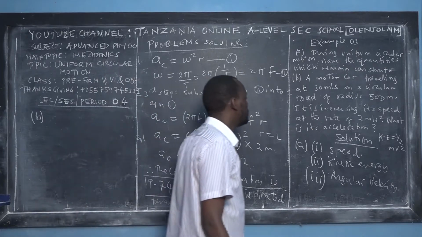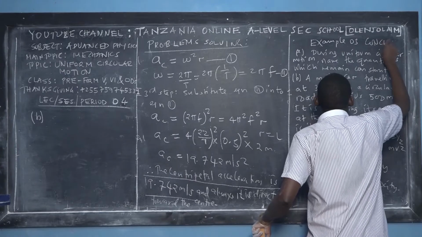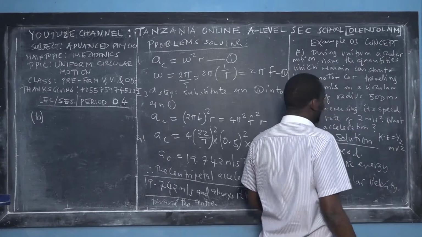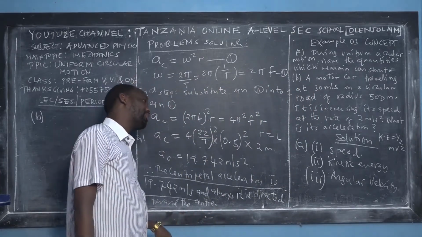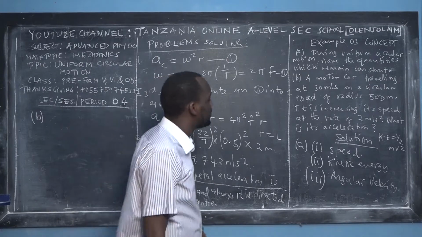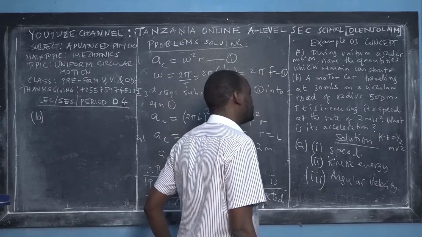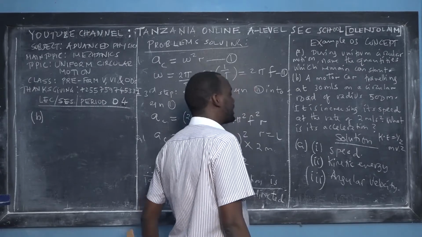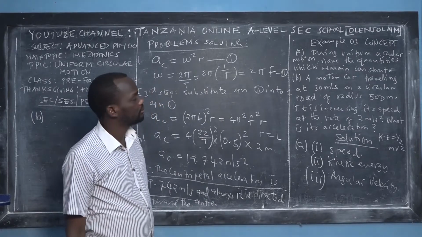This is a little bit conceptual question because the question has already given you acceleration, and then it is asking you acceleration. Let me repeat the question. A motor car traveling at 30 meters per second on a circular road of radius 500 meters. It is increasing its speed at a rate of 2 meters per second square.